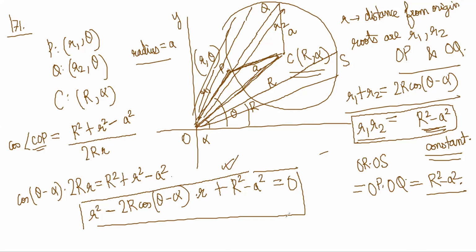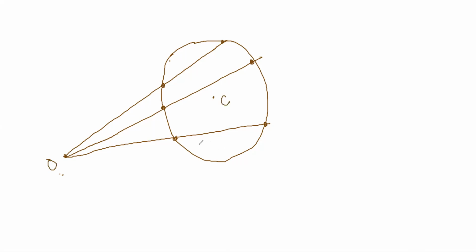So what we learn from here is that given a circle and given a fixed point, the point is fixed and the circle is fixed. Any line like this, all these points, O to C was my capital R, and A was the radius.